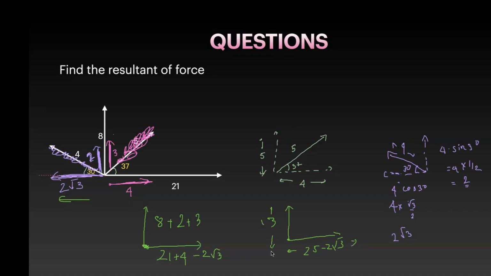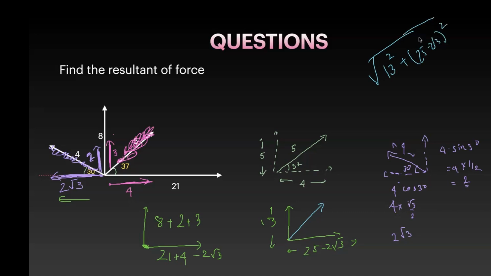Okay, so you will get one vector in this direction, another vector in this direction. So if you want to find the final resultant vector, which is in this direction, what you will do? Root of 13 square plus 25 minus 2 root 3 whole square.